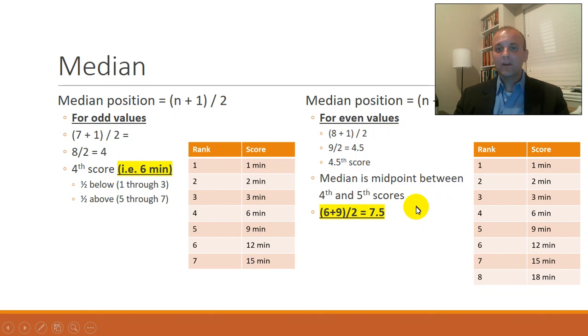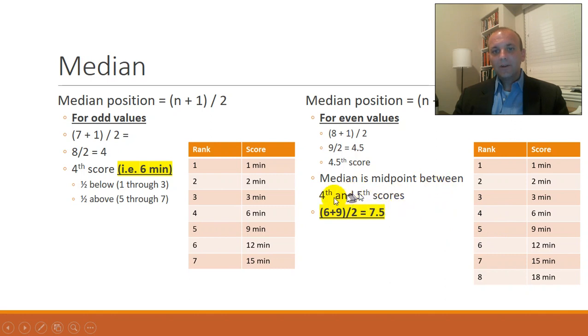The median, the midpoint. So here's for even values. You have 1 through 8, pretty much the same example. Everything's been scored in ascending order here. So we have 8 plus 1, the same equation, divided by 2. So you have 9 divided by 2 is 4.5. And it's the 4.5 score. So that's between here and here. Now, that's the rank, okay?